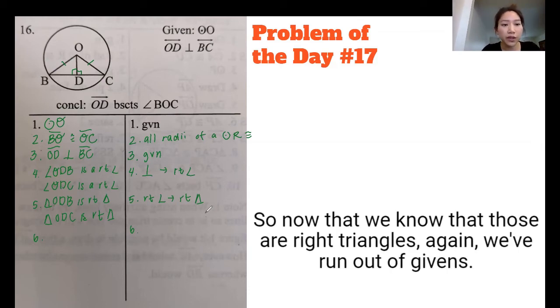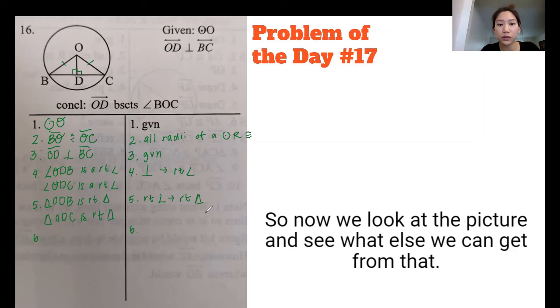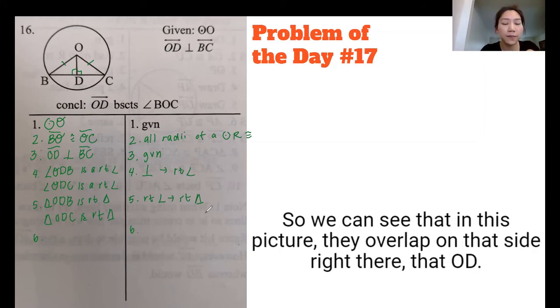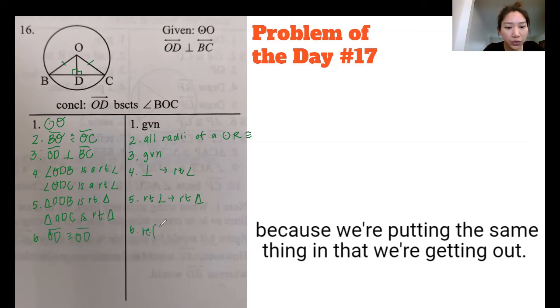Okay, so now that we know that those are right triangles, again, we've run out of givens. So there's nothing else to get from the givens. So now we look at the picture and see what else we can get from that. So we can see that in this picture, they overlap on that side right there, that OD. So we know that OD is congruent to OD by the reflexive property, because we're putting the same thing in that we're getting out.